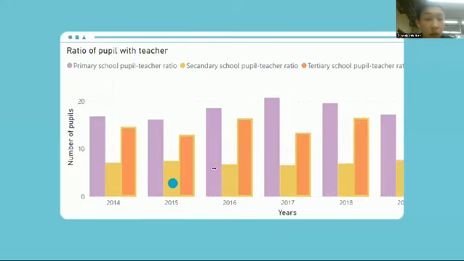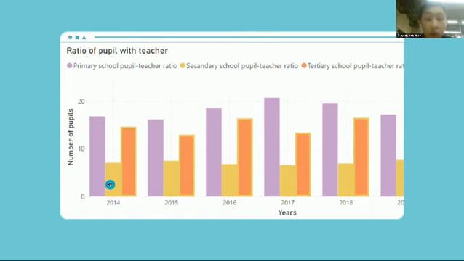Also, the third one is the ratio of pupils to teachers. We know that there are a lot of schools where there is a small number of teachers. Here we can see how many pupils there are for one teacher. In primary school it's about 15.